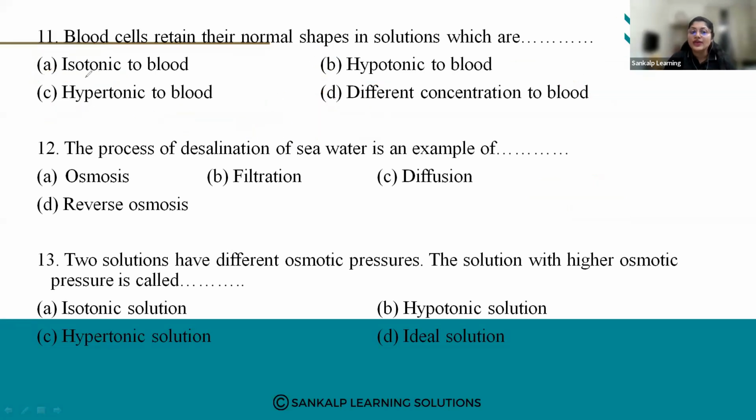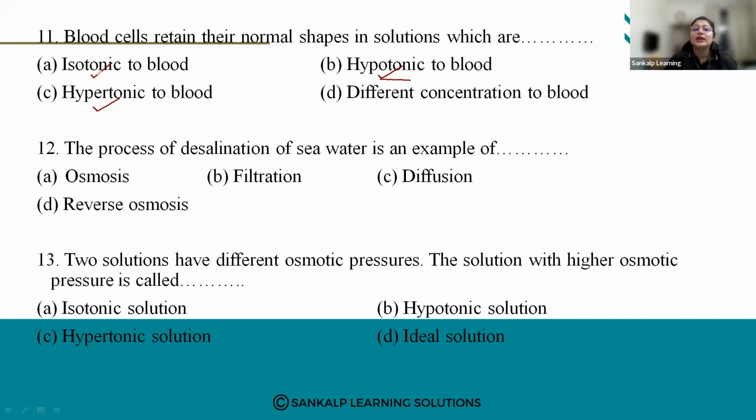So we have seen now what is isotonic, what is hypertonic, and what is hypotonic. Remember these things, don't get confused. In hypotonic, the concentration of the solute with respect to the solution is less. In hypertonic, the concentration of the solute is higher, so the cell will shrink.